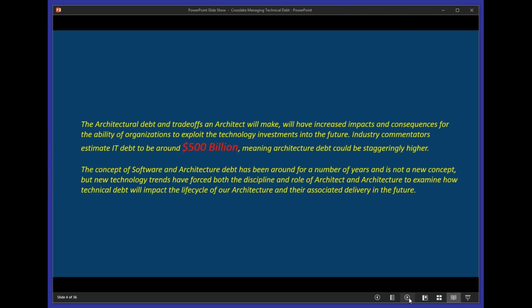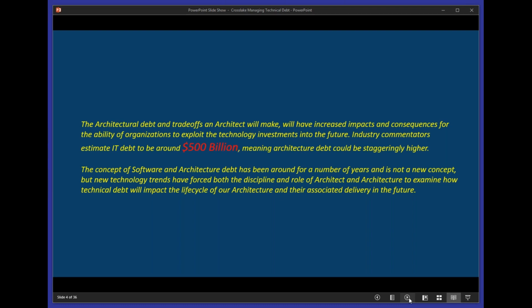The concept of software and architecture debt has been around for a number of years. It's not a new concept, but some of the new technology trends, cloud, microservices, etc., have forced both the discipline and the role of the architect to examine how technical debt will impact the life cycle of those architectures and their associated delivery into the future.